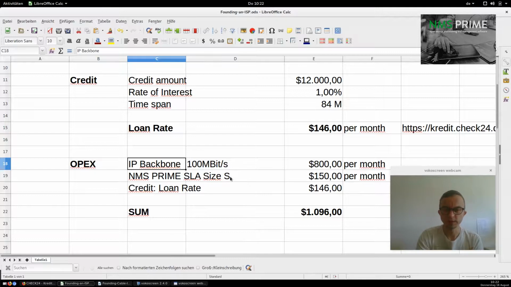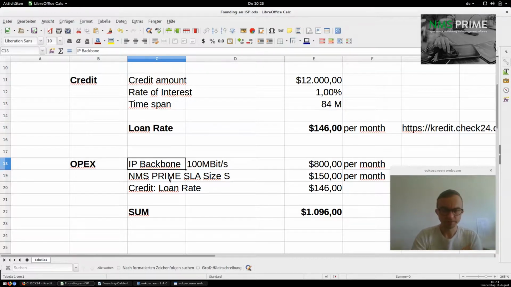And we use size S. This is the service level for size S, and this will cost $150 per month. And you get technical advice from our experts, and we set up the entire system. And there are a lot of videos about how you can use the system and add customers and create your bill at the end of the month for your customers.